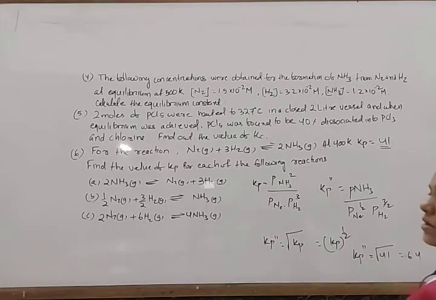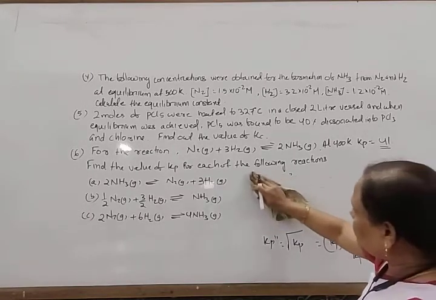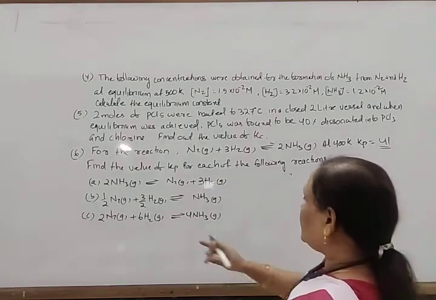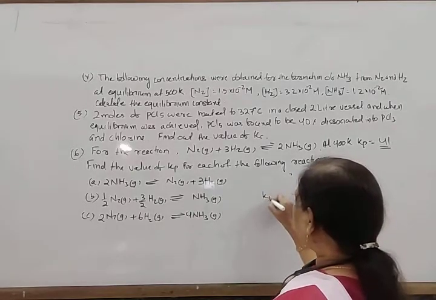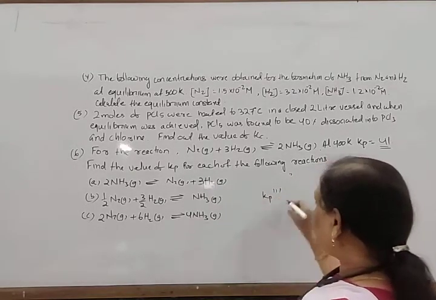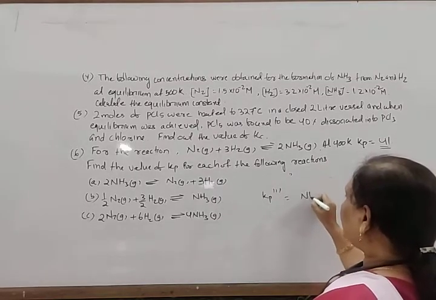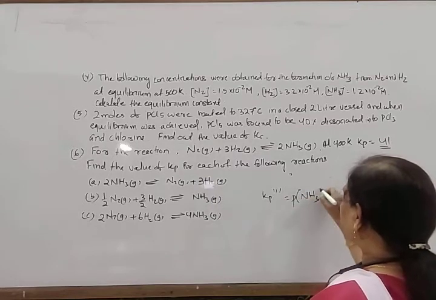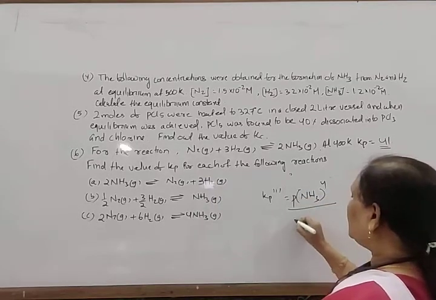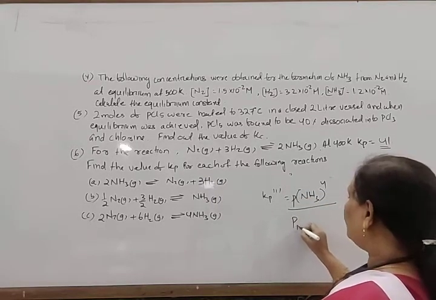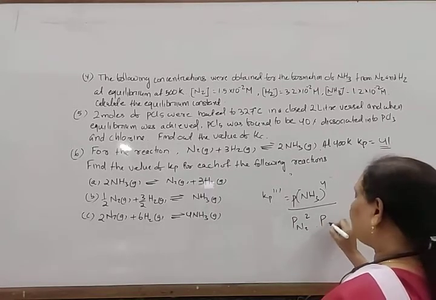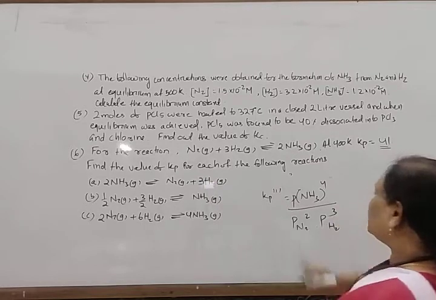Next come to option C. In option C, suppose this is Kp triple dash. Kp triple dash is the partial pressure of NH3 to the power 4 divided by the partial pressure of N2 squared into the partial pressure of H2 to the power 6.